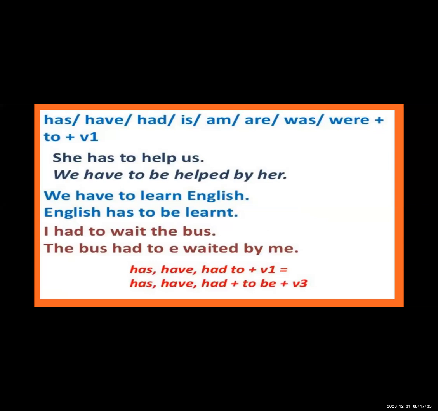Okay, now when to use all these things? They all are to be's, to do's form, to have's form. Yes, I have told you: am, is, are, was, were, have, has, had. They are to be's and to have's forms, so they play an important role besides the modal auxiliaries also in the passive voices.